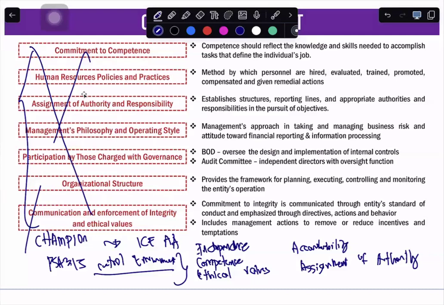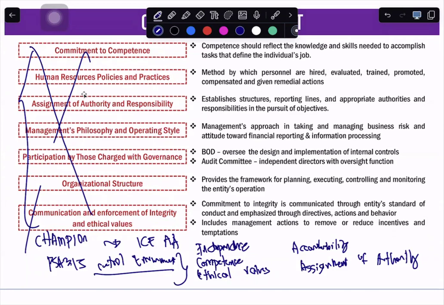Now, it is quite easier to understand because again, you are providing your tone at the top. So, how independent is the entity, or how independent is the auditor with the entity? How competent are the individuals within the entity? What are the ethical values, how accountable are the individuals, and how do we assign the authority?